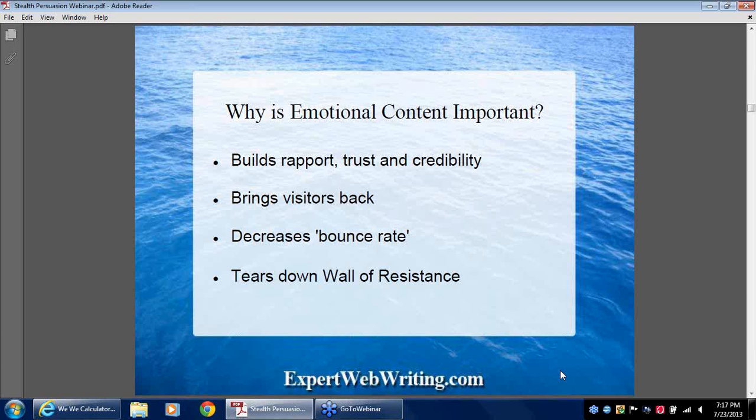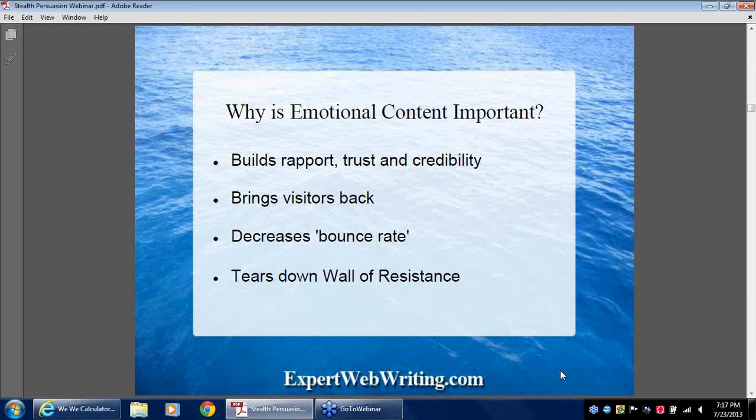Also, when people are emotionally involved in your business and your website and your content, they come back. They come back to read your blogs over and over again. They subscribe to your YouTube channel. They come back. It also decreases bounce rate. What's a bounce rate? A bounce rate is how fast someone leaves your site. And right now, the average visitor that comes to your site comes and goes in less than 4 seconds. They scan it real quick, and they go, this isn't for me.